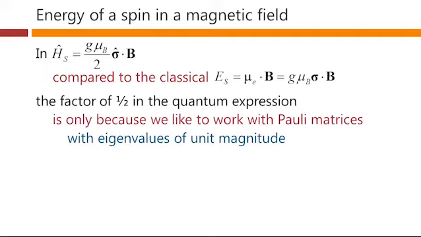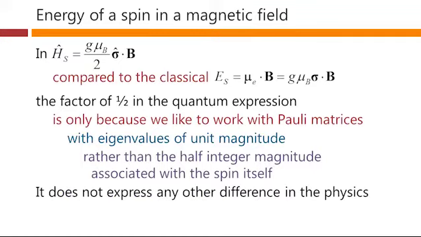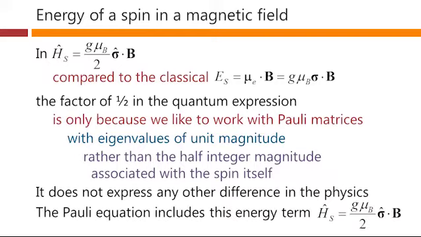It actually introduced a factor of 2, and we're taking that out again here, rather than the half-integer magnitude that's really associated with the spin itself. So the sigma numbers were plus or minus a half for the magnetic quantum number, as it were, of the spin. But the sigma operator is defined with the factor of 2 already in it on the bottom line. It does not express any other difference in the physics.